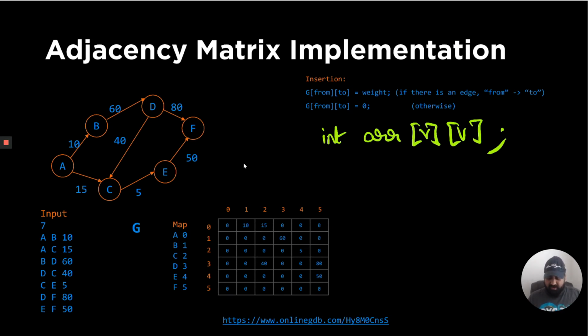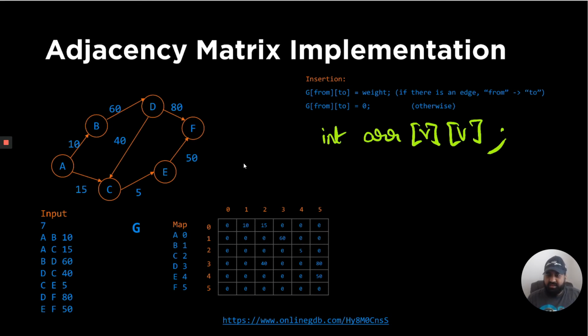An issue with this type of implementation, which is the adjacency matrix, is that you need to know how many vertices there are, because once you have defined a 2D array, you cannot go back. Now, in the previous set of videos, we discussed that you represent these vertices which have some labels.